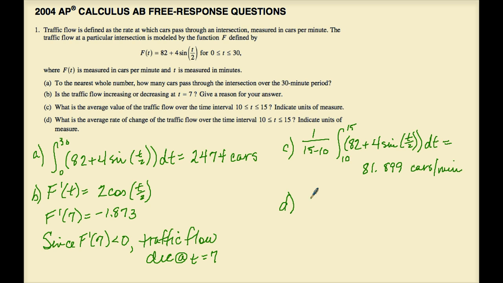So now we're going to look at f of 15 minus f of 10 over 15 minus 10. This yields a value of 1.518 cars per minute squared. This value gives the rate at which the rate is changing during that time interval.